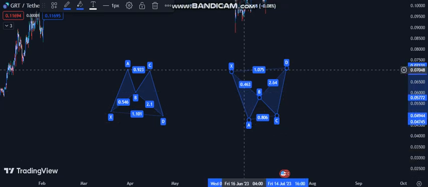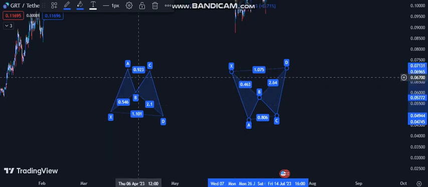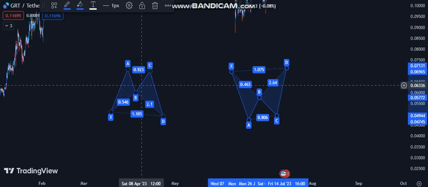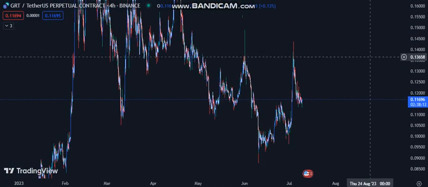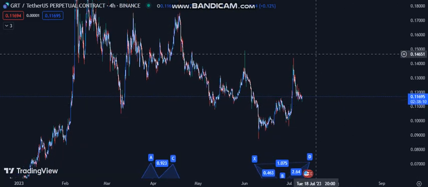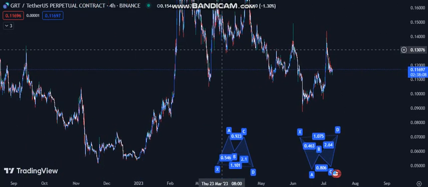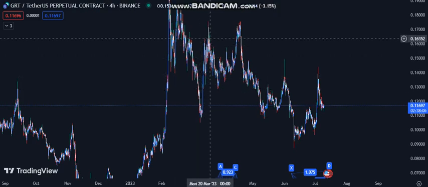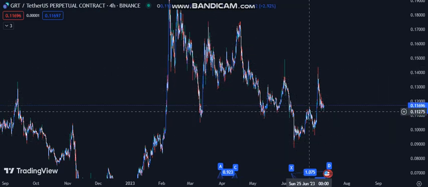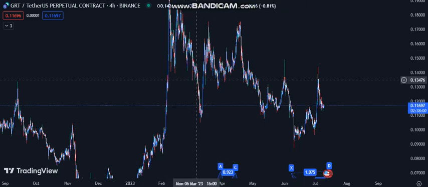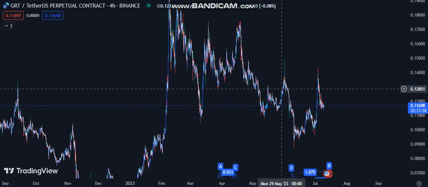I will try my best to tell you how to draw them and how to find them, possibly very easily. For example, here, let's say now I'm seeing one W, one more, a big M, which is quite extended.